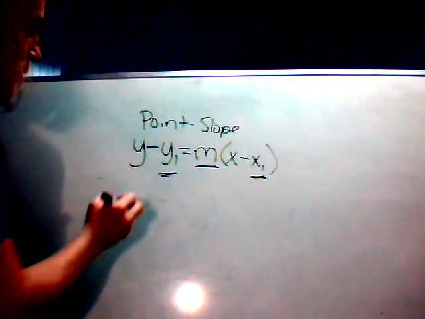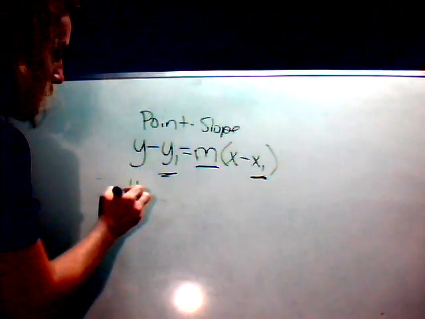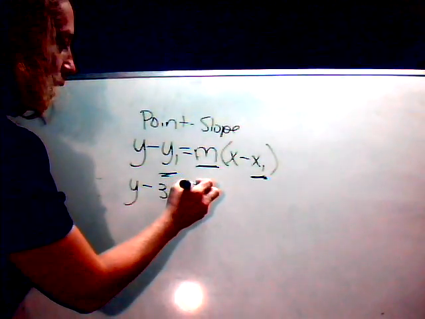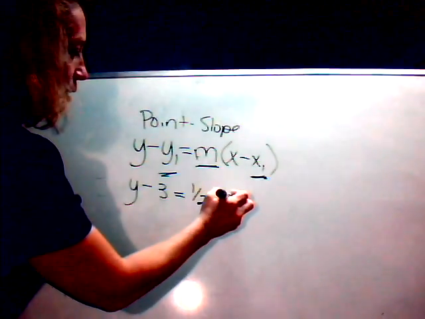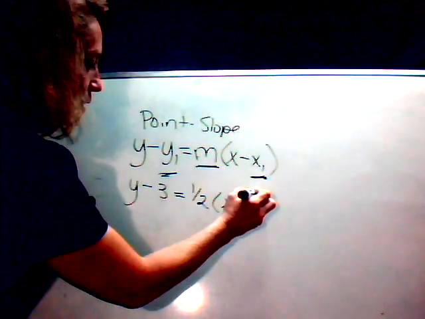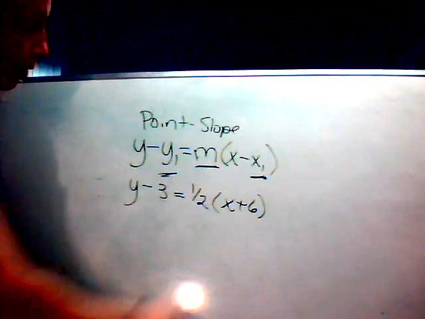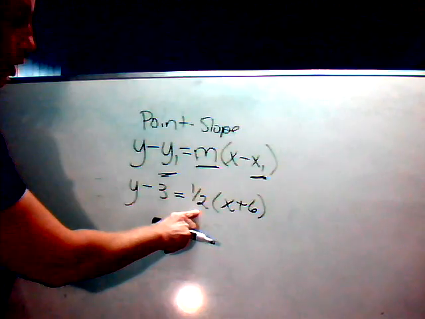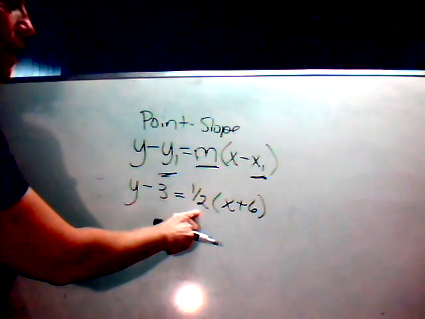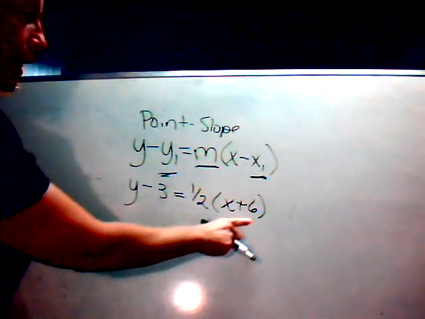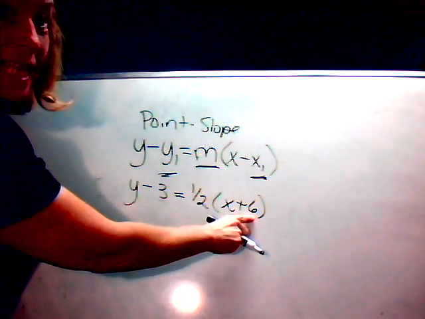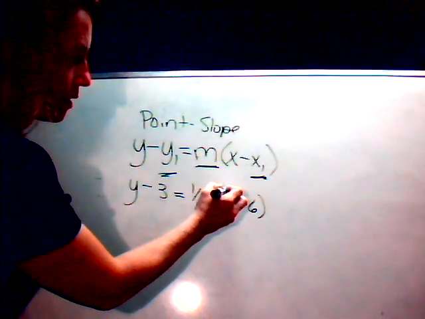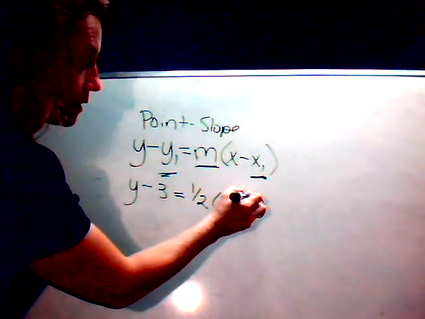Now what I'm going to do is plug in y minus 3 equals 1/2 times x plus 6. If this is the equation I'm given, I can extract out of that equation my slope, which is 1/2, and a point. The x is negative 6, not positive 6. Remember, the equation is subtraction, so that's the same as x minus a negative 6.